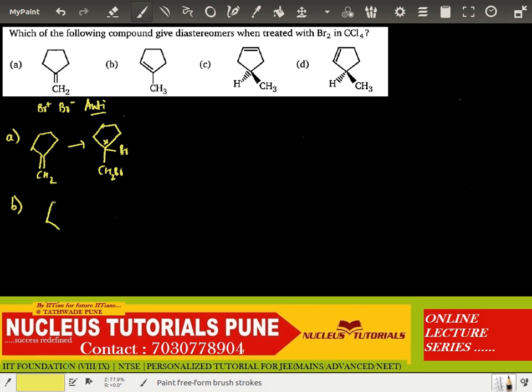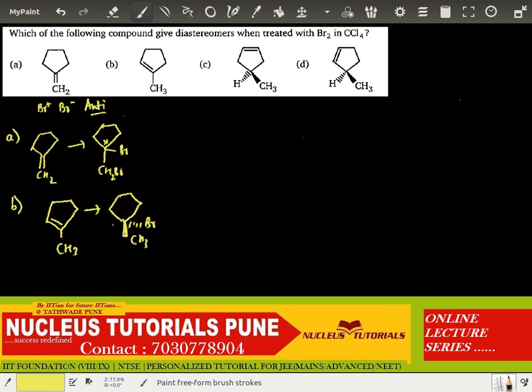Second, in the second example, we have bromine attacking over here, and let's see what the configuration would be. In one case, let's say methyl is outside the plane and bromine is inside.